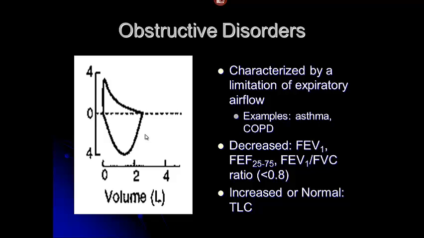So if you analyze their volumes, they have low FEV1, so it will be less than 80, because remember, normal is 80 to 100. So the FEV1 will be low. The vital capacity would be low. And the FEV1/FVC ratio will be severely low. Why? Because remember, everything that is impaired is at the level of expiration.